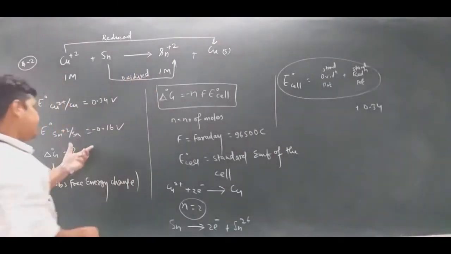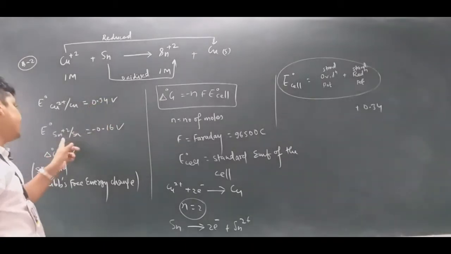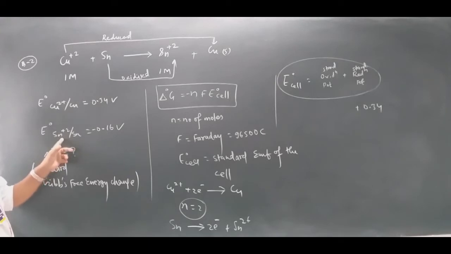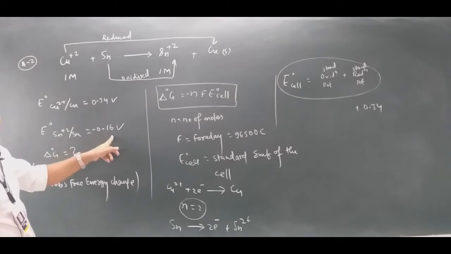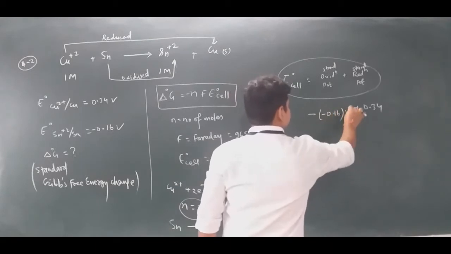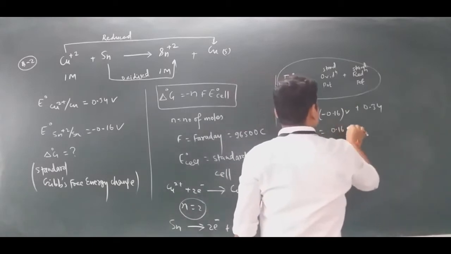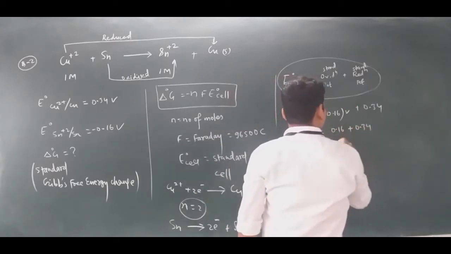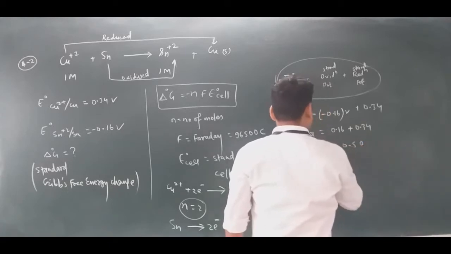So see here carefully, it is oxidized, therefore we will write its oxidation potential, but it is given in terms of standard reduction potential, so we will put a negative sign. If the standard reduction potential of Sn is minus 0.16 volt, the standard oxidation potential will be minus of minus 0.16 volt. So basically E0 cell is 0.16 plus 0.34, which is 0.5.